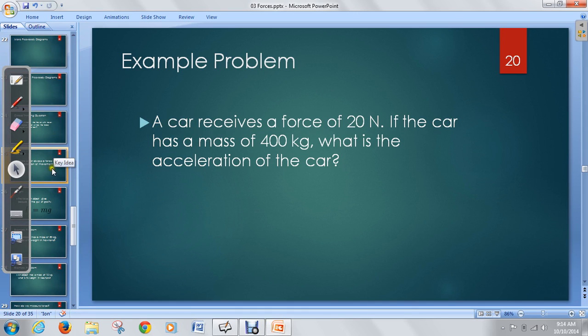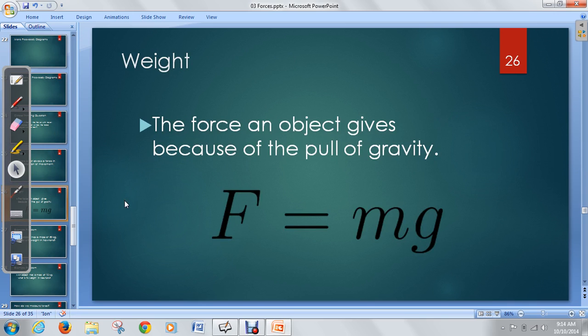All right, and then the last thing we want to talk about is the idea of weight. You probably have heard weight and mass used interchangeably, but they're slightly different ideas. Weight is the force an object gives because of the pull of gravity. An object wouldn't have weight if there was no gravity.